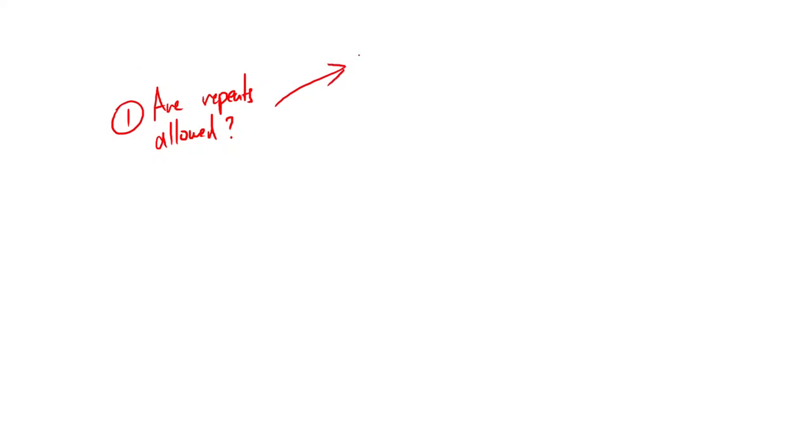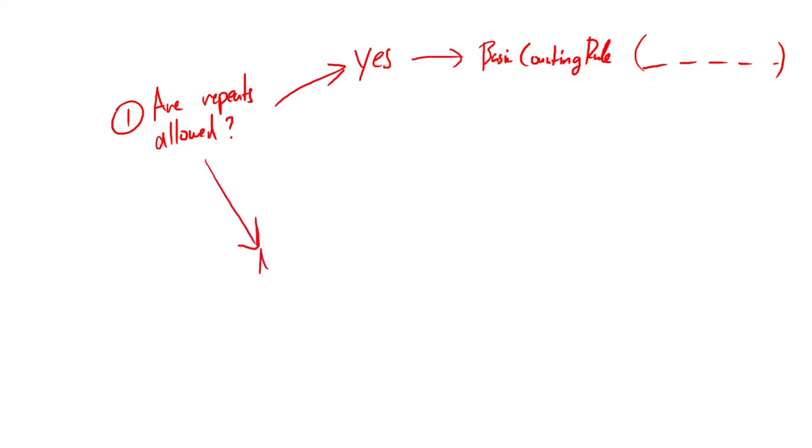And so if the answer is yes, then you don't really have a lot of options. You just have to go with the basic counting rule. In other words, you're just going to have to draw out slots like the license plates and go with that. But if the answer is no, repeats are not allowed, then you have to ask yourself the second question, which is: is the order important?